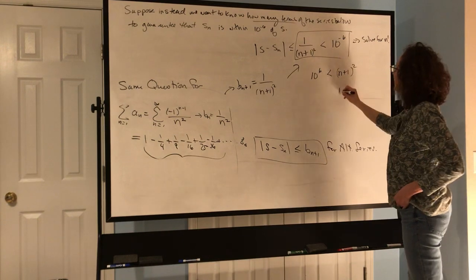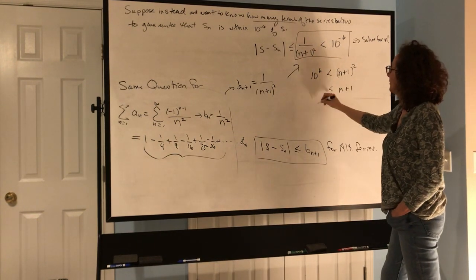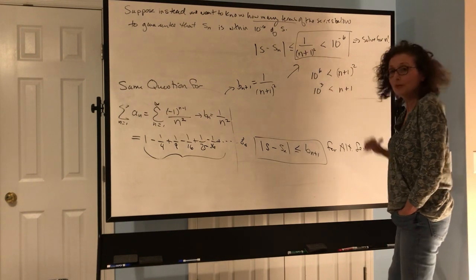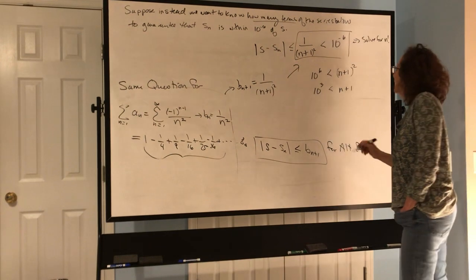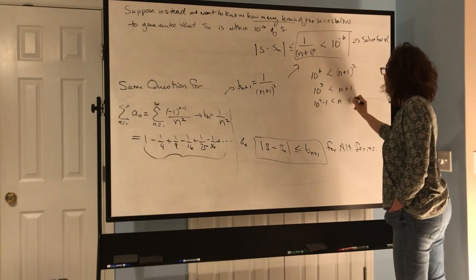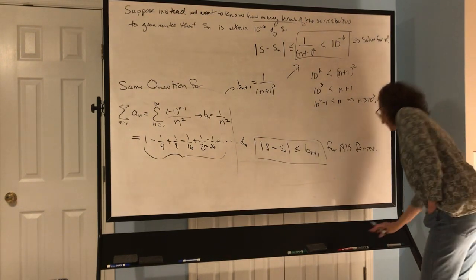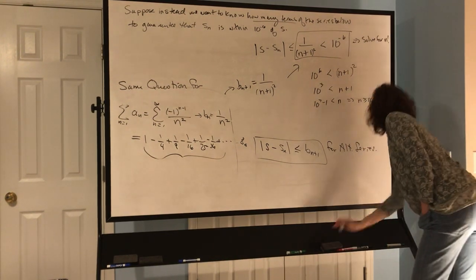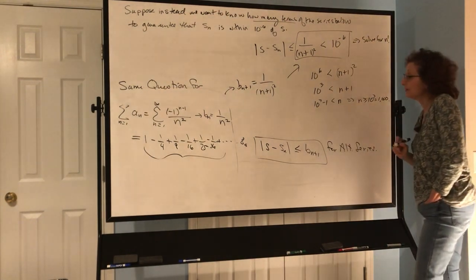So n plus 1, since everything's positive, is greater than 10 cubed. Y'all with me? Okay, so n is greater than or equal to 10 cubed, which is just 1,000. That's way better than 1,000,000 maybe.